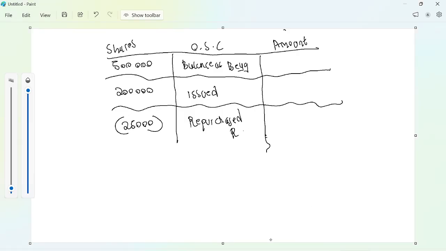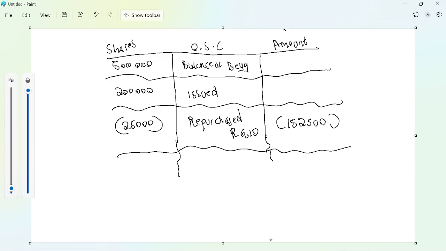So it's already given to us. 25,000 multiplied by 6.10, so therefore negative 152,500. And then again we're having our closing balances.